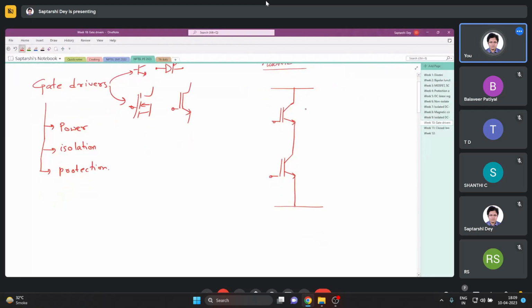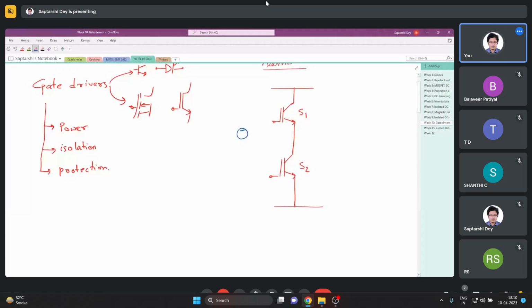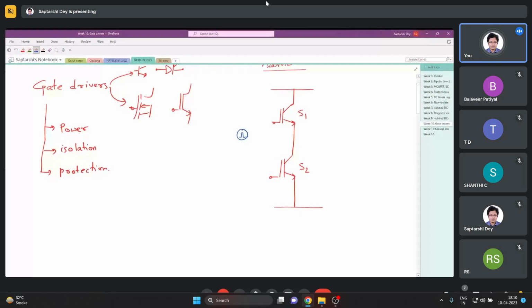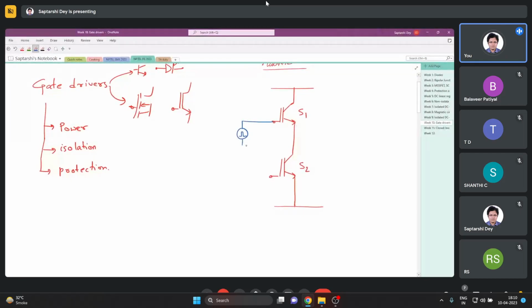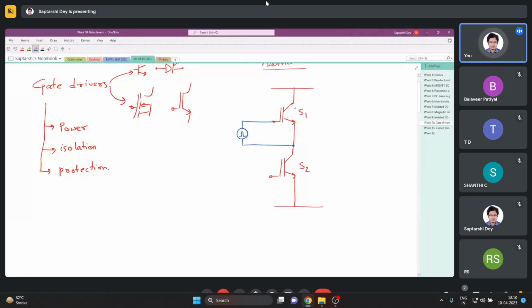Now these two switches, if I call them S1 and S2, they require gate drivers, separate gate drivers. So this is the gate driver of S1. Now this must be connected to the source. For an IGBT it is the emitter, for a MOSFET it is the source of the switch. For this one also it requires its own gate driver, like this.